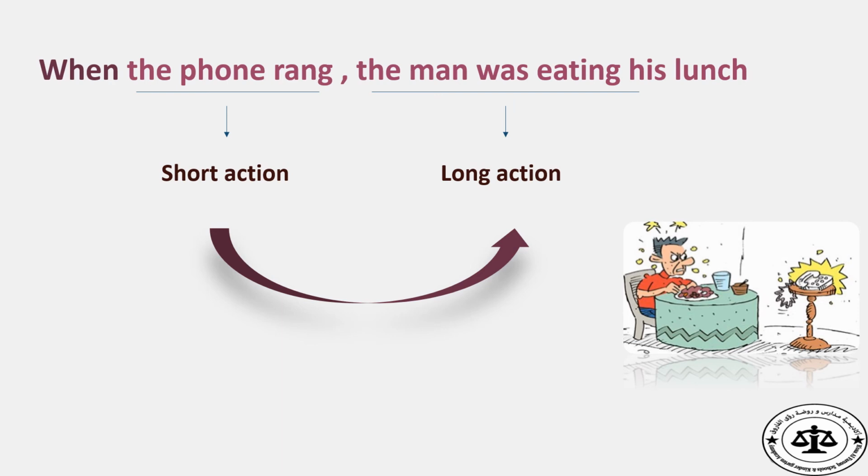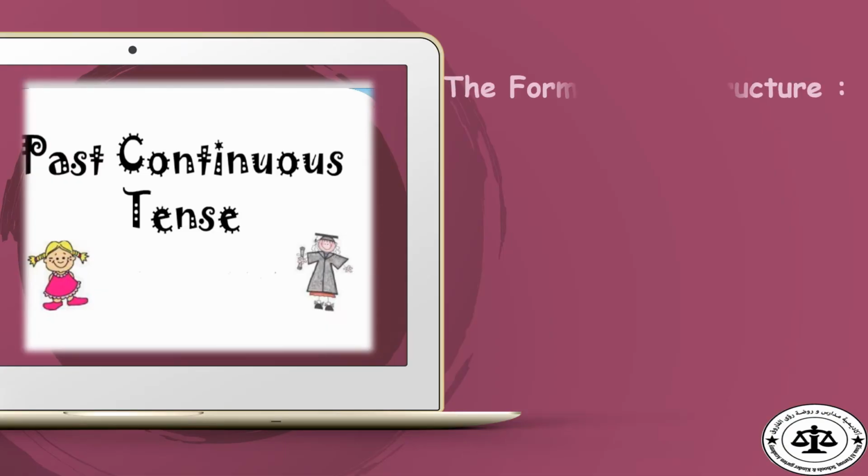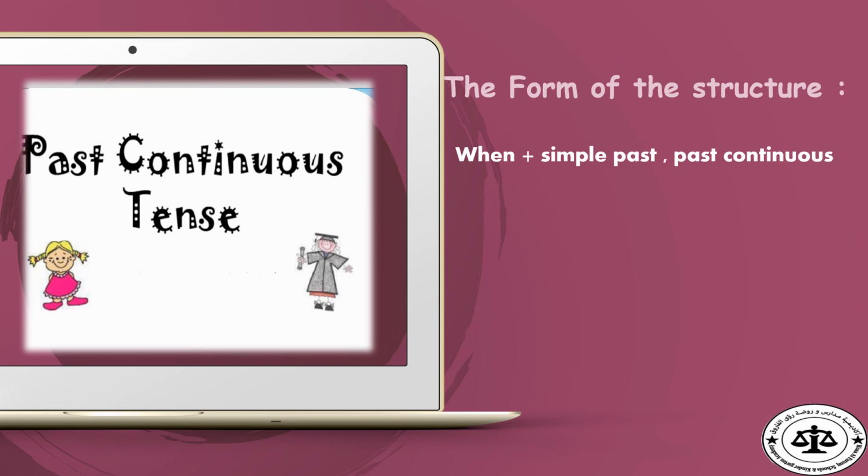When or after when we have simple past, and the second sentence is in past continuous. So, the form of past continuous: when plus simple past. After when we have the simple past tense, in the second sentence we have past continuous.